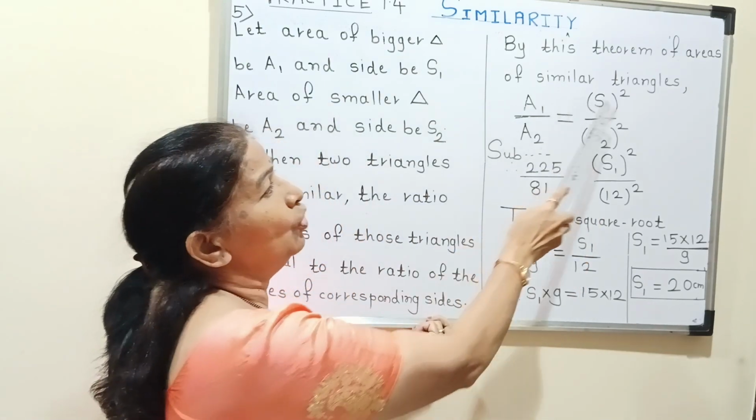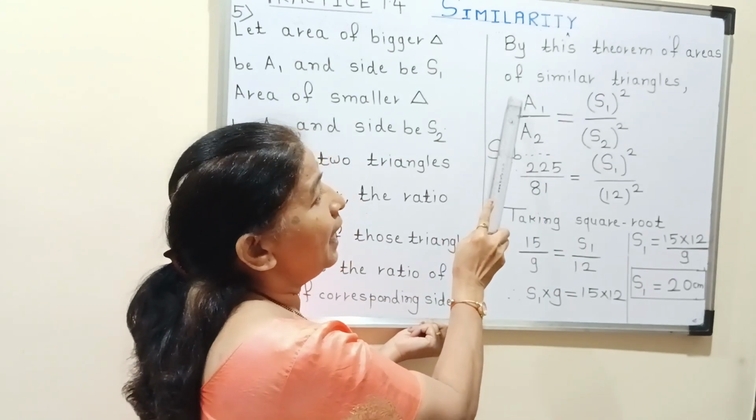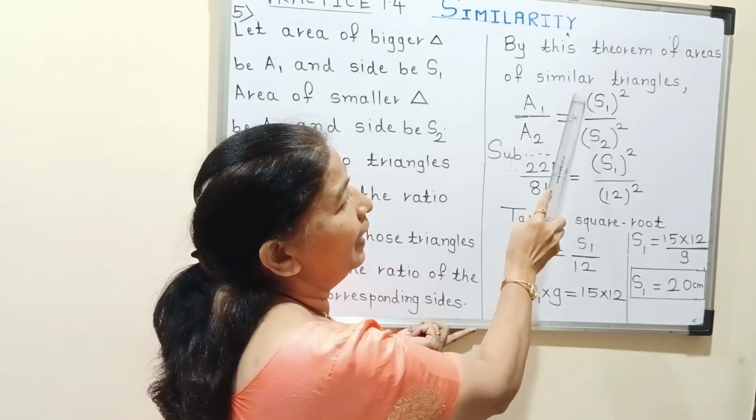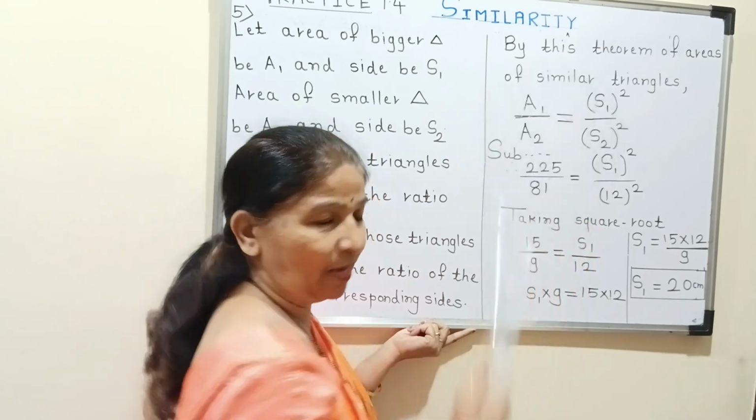That's why I denoted this theorem in brief: A1 upon A2 is equal to S1 square upon S2 square.